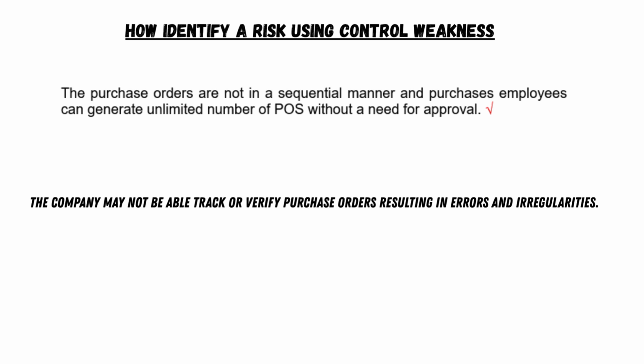There is a risk that the organization may not be able to track or verify purchase orders, resulting in errors or irregularities. Because if there is an error within a purchase order, how will you be able to track it if the purchase order numbers are not in a sequence? So that's the exposure that the organization has as a result of that.